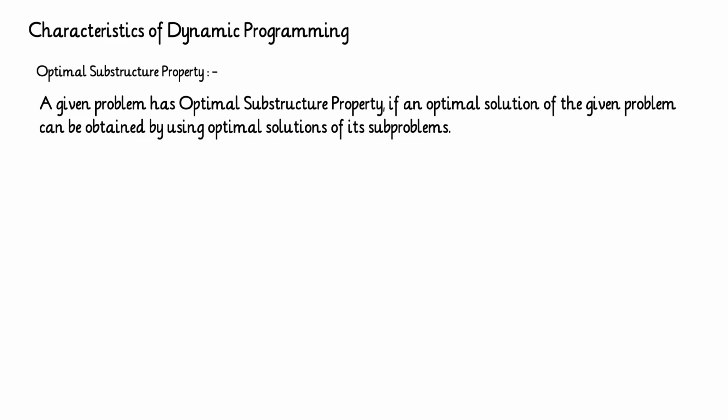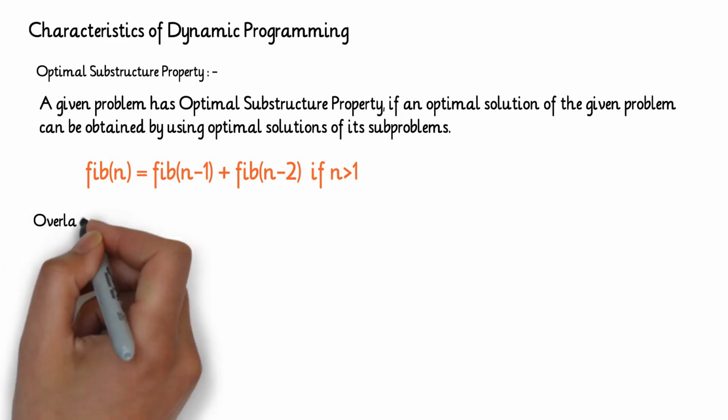As we know, to calculate the nth Fibonacci number we use the below formula, which clearly shows that a problem of size n has been reduced to subproblems of size n-1 and n-2. It means Fibonacci numbers have optimal substructure property.